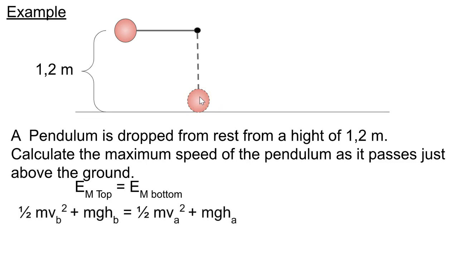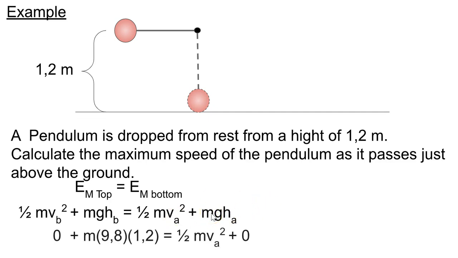I used B for beginning and A for after, but actually it should be bottom and top. Okay, forgive me for this one. So this should be kinetic energy at the top plus the potential energy at the top is equal to the kinetic energy at the bottom plus the potential energy at the bottom.